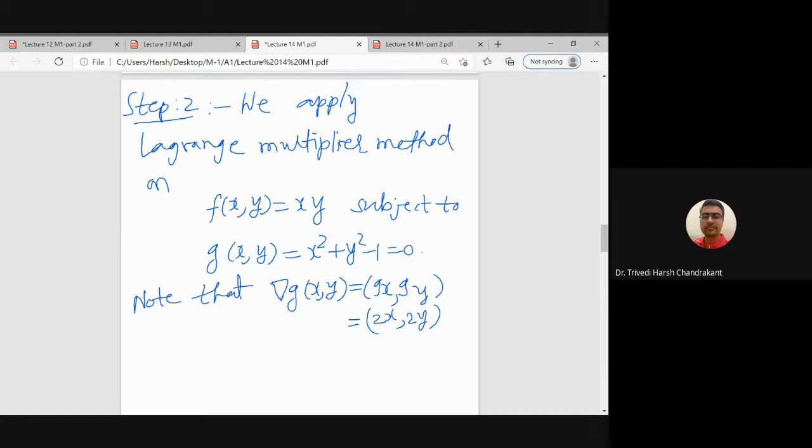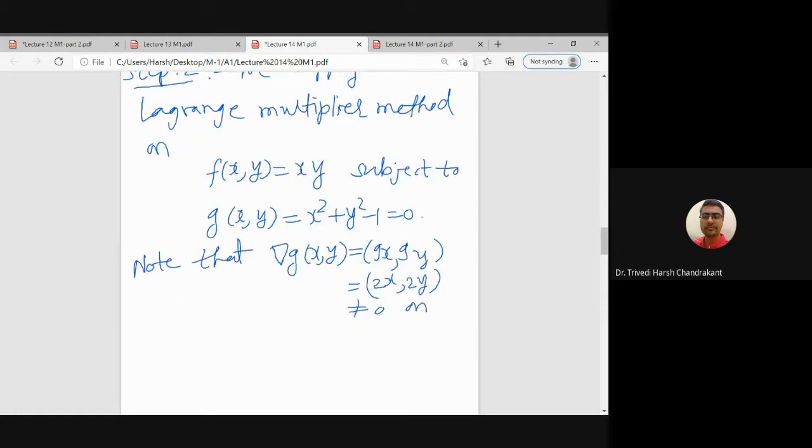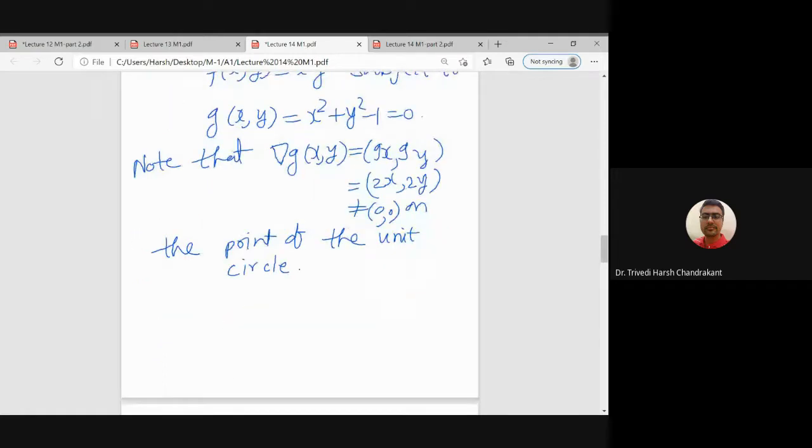Note that this is not 0 on the points of the unit circle, because if this is the zero vector, that means x is 0 and y is 0. That means xy is the origin, but the origin is not on the unit circle. So that means we can apply the Lagrange multiplier method.